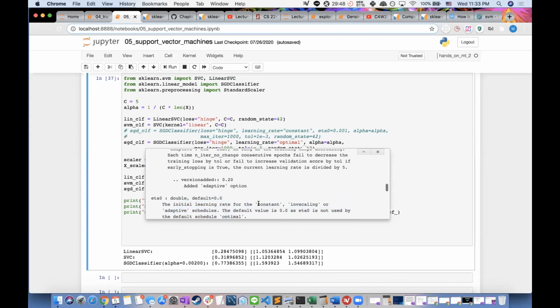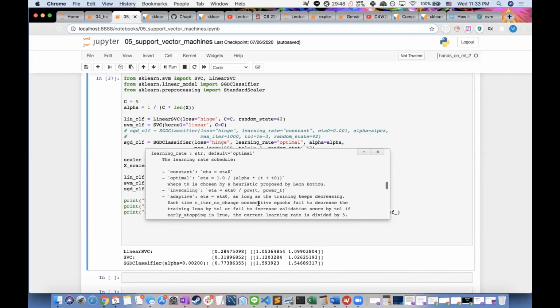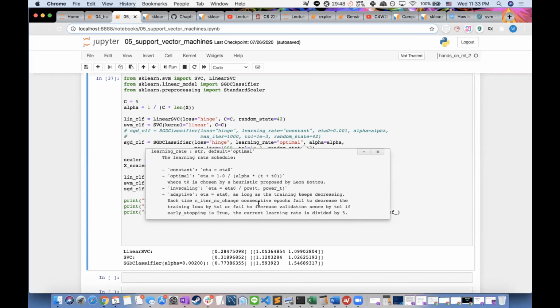Okay. I have a question here. Is it possible to find out this learning rate, as a matter of fact other parameters as well, using grid search CV, or is there any limitation, that only these things you can find using grid search? Yeah, you can actually. We did that in the chapter 3 exercise.